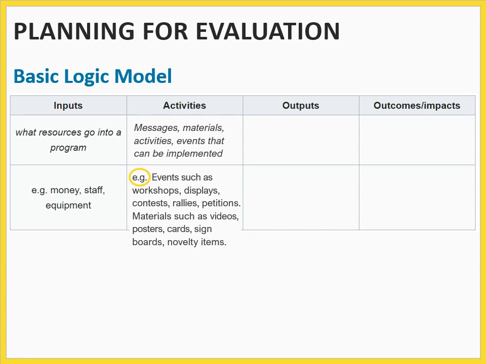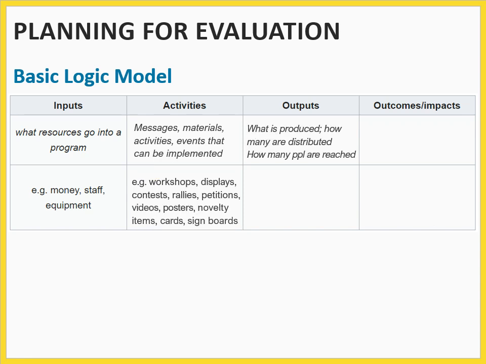You can see from the example, activities in a logic model can mean events such as workshops, displays, contests, rallies, petitions, but they could also be materials such as videos, posters, cards, signboards, and novelty items.